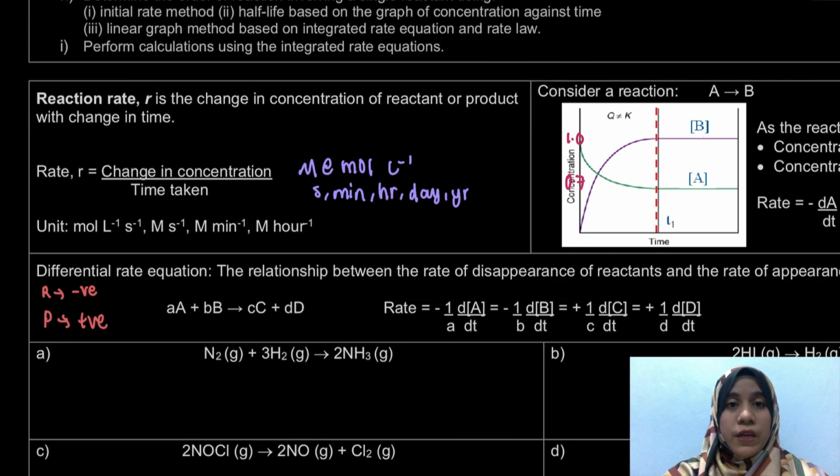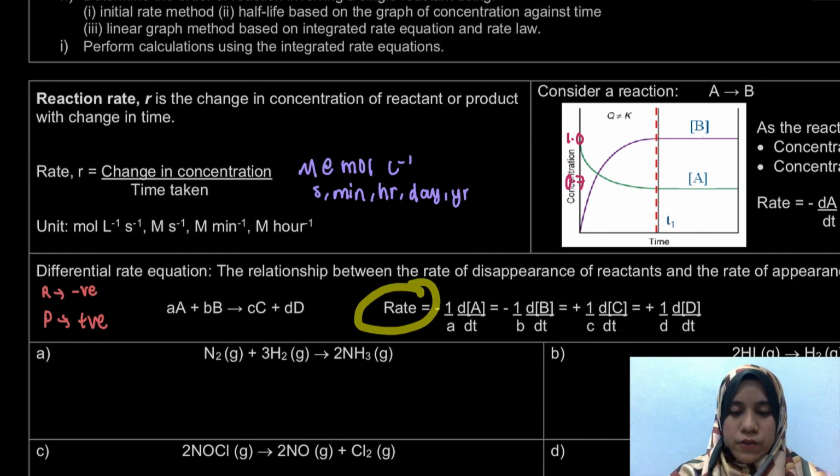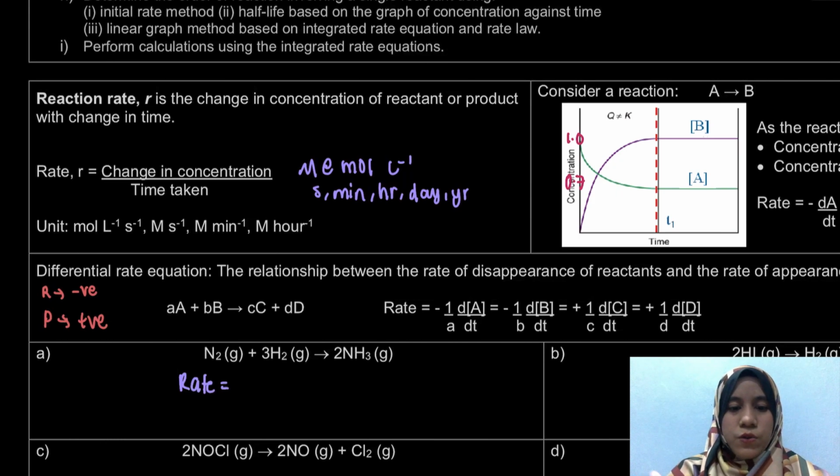So let's look based on a specific equation. First we have the formation of ammonia. So how are we going to write it down? First, before anything, we have to include our rate. So I'm just going to write down rate is equal to, so again, remember reactant must have a negative sign.